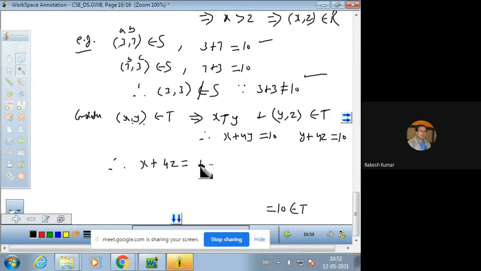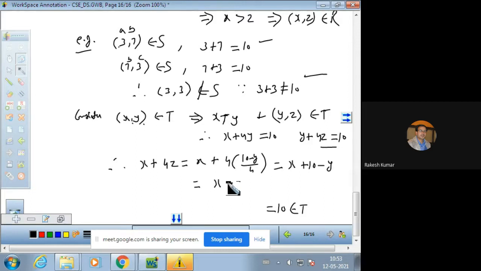x plus 4z. Keep x as it is for now, plus 4z, whose value comes from here: 10 minus y over 4, so 4 is cancelled there, that is 10 minus y.